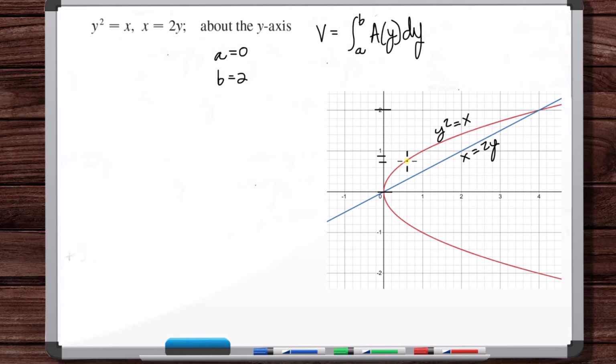Well, we're going to get a right cylinder with a hole in it, kind of like a washer. And why is that? Because if you're rotating this area about the y-axis, then you're not including this. Okay, so what's the cross-sectional area of this washer here?